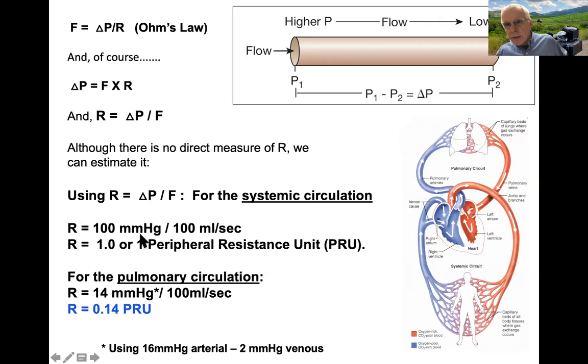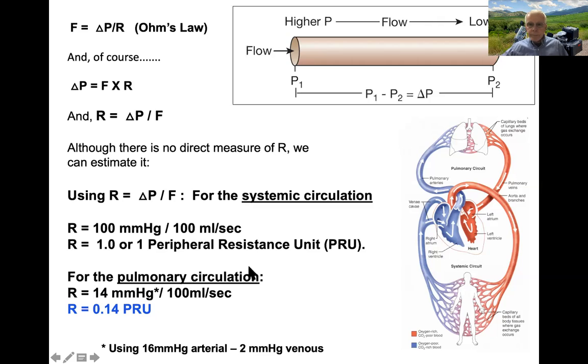Now remember, a mean arterial pressure, let's say 95, and I showed you in the graph that the pressure in the right atrium might be almost 0. So it's about 100. Flow rate, remember, 5 liters per minute, let's say about 100 mils per second. If you divide these numbers out, you get something called a peripheral resistance unit. And of course, 100 into 100 is 1. We did it intentionally just to make it dirt easy.